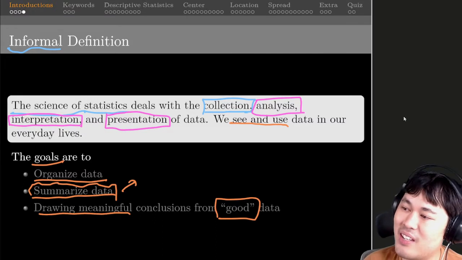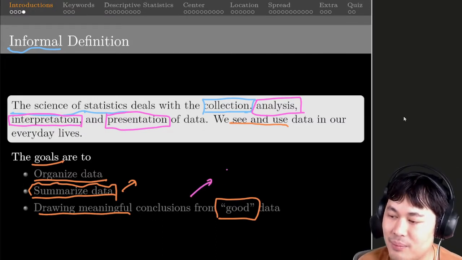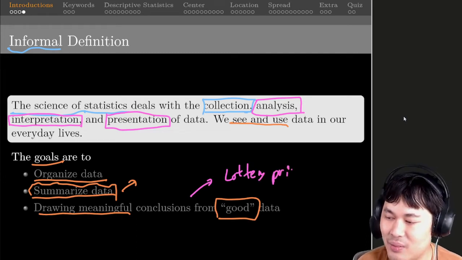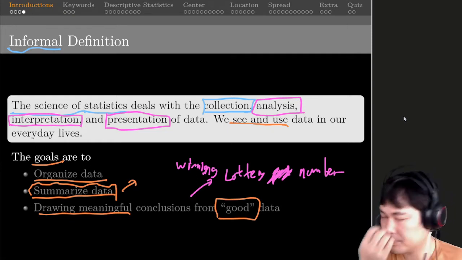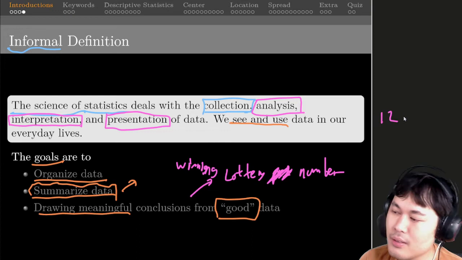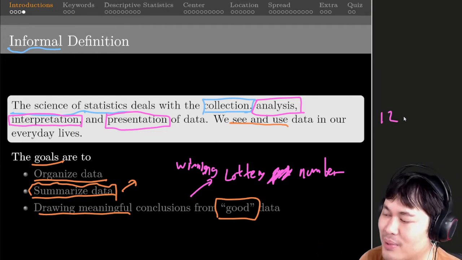Because you can draw some conclusion when you take a look at winning lottery numbers. And you can say, oh, last time it was 12, for instance 12 was the winning number, and then it's 23, and then it's 35.